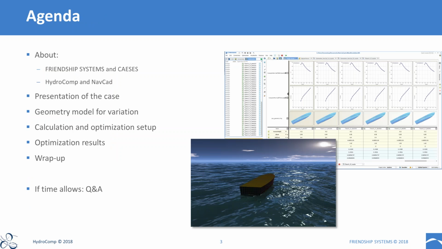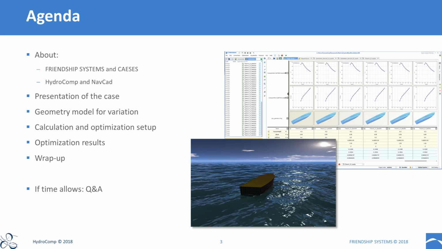Let's see what we have on the agenda today. First of all, I will give a few words of introduction about FRIENDSHIP Systems, the company, what we do, and specifically about our software CAESES. Then Don will tell us the same about HydroComp and NavCad. For the rest of the webinar, we would like to look at a specific application example. We will start by presenting the case that we're looking at.